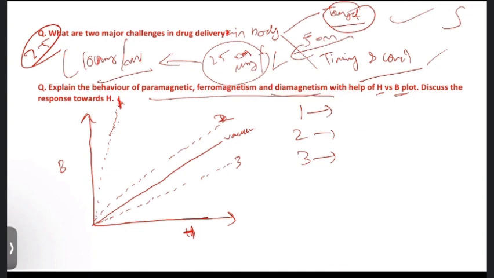Do you understand what diamagnetism is? This is the magnetic field. If I tell you the definition of diamagnetism, will you be able to answer this question? Diamagnetic materials are those which repel the magnetic field. I have given you the definition. This is the magnetic field. Tell me out of 1, 2 and 3 which line belongs to diamagnetism.